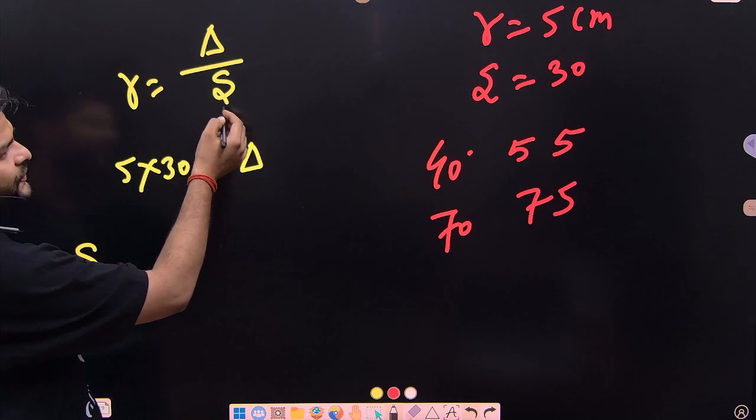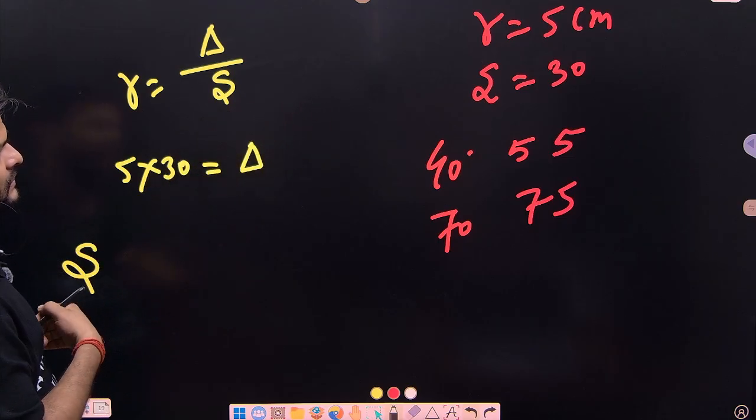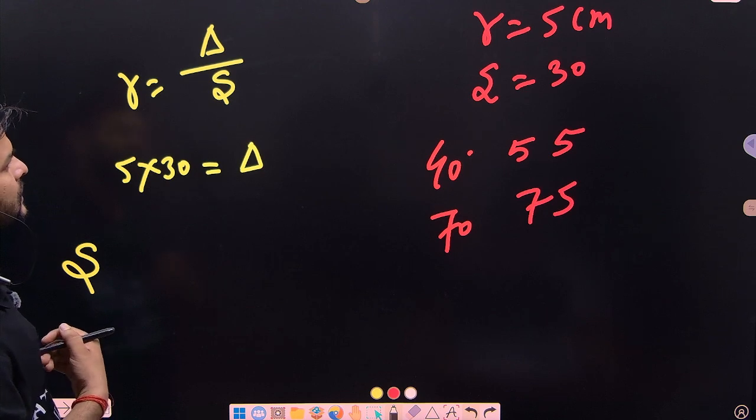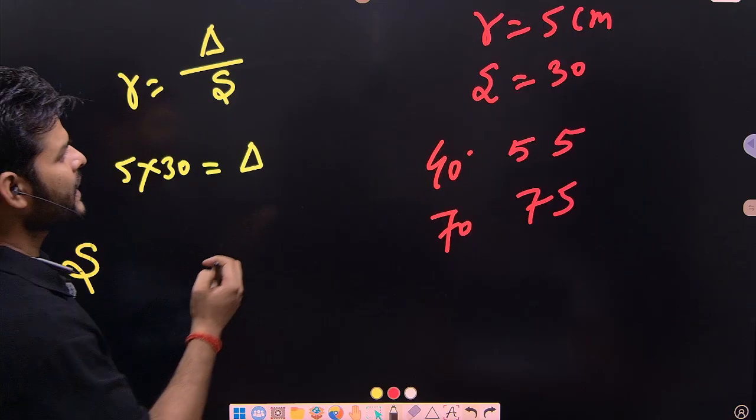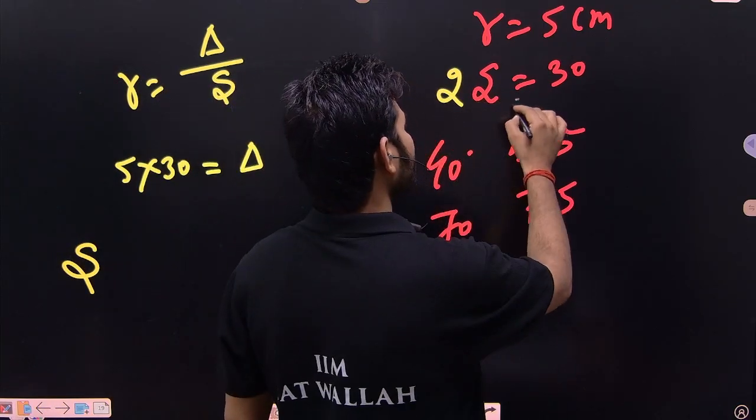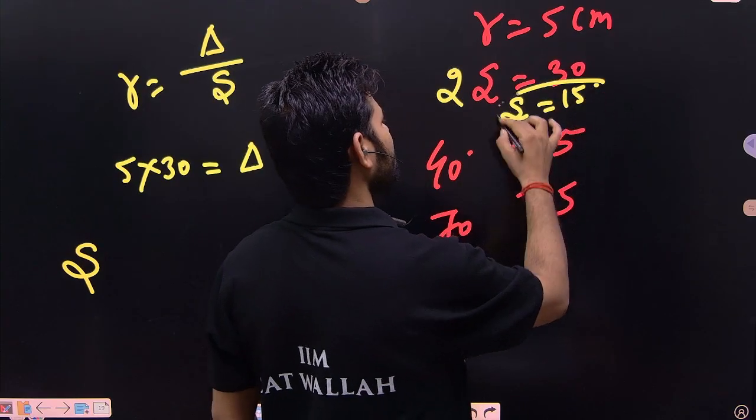So if 2S, the perimeter, is given as 30, then S would be 15.